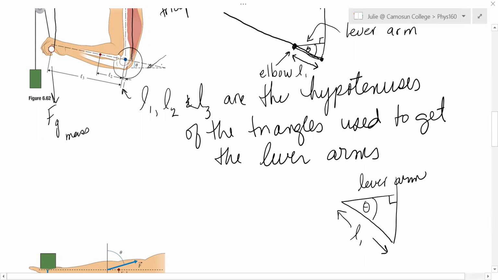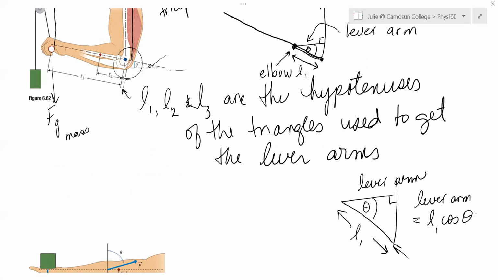It's a really funny place they've put it, but look what it is: the angle of your arm along here. So this lever arm uses cos. Lever arm equals L1 cos theta. That's how you get that lever arm.